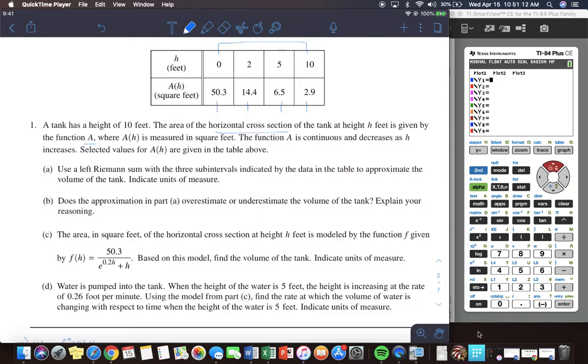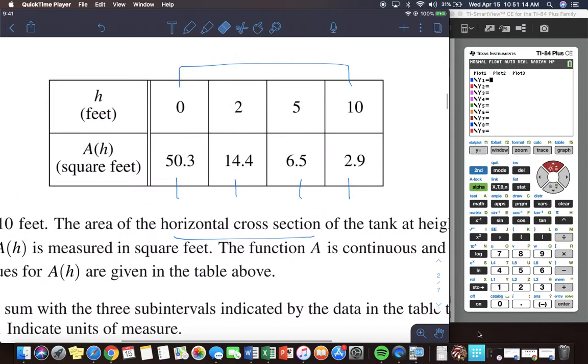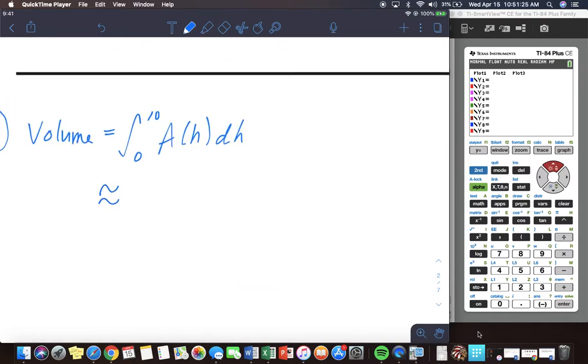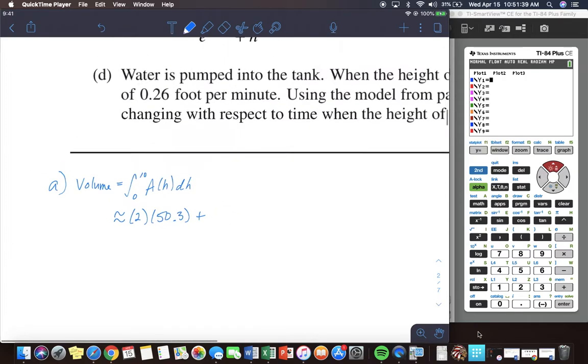So a left Riemann sum means we'll use the left endpoint of each of these subintervals. Between 0 and 2, the left endpoint would be 50.3. So this is going to be approximately equal to, the width we said was 2, and the height was 50.3, plus the next one.